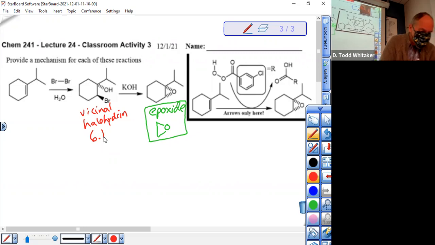It's early on, 6.1. And you got to remember, water reacts with bromine first to make bromine water. So this is one where the water is the solvent and it is a reactant too. Here it's reacting for the first time.